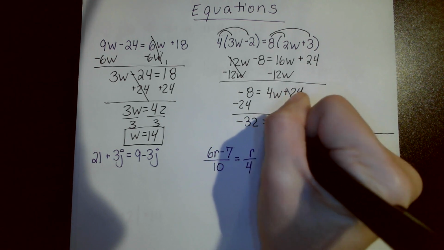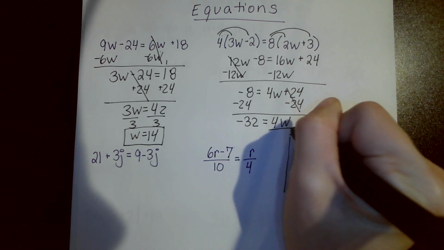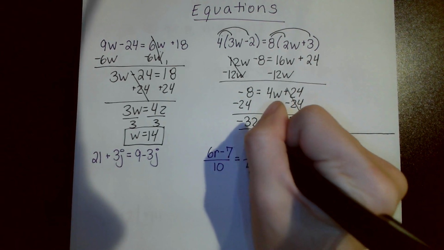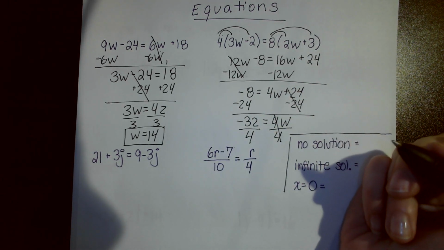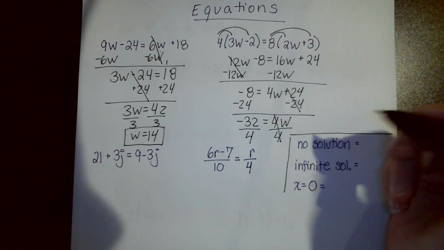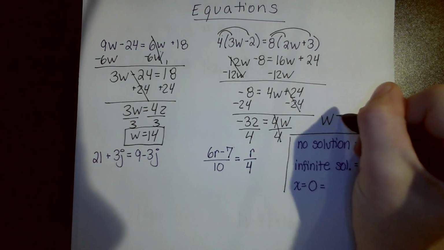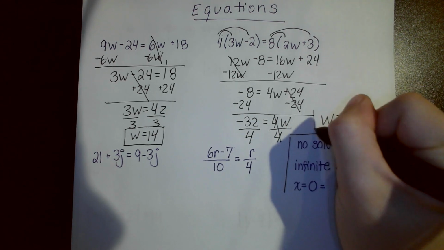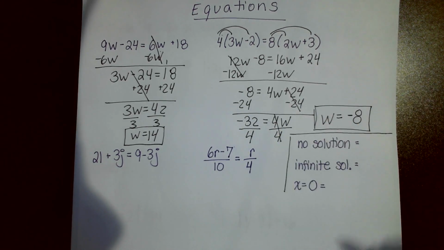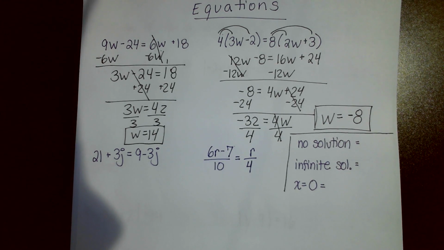Negative 32 equals 4w. And so we get w equals negative 8. Okay.